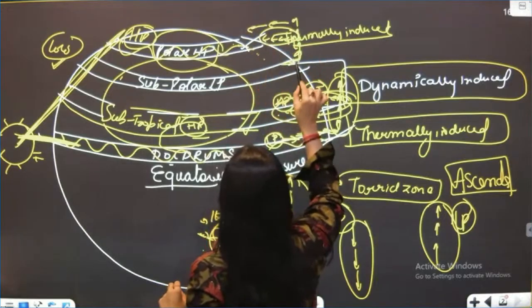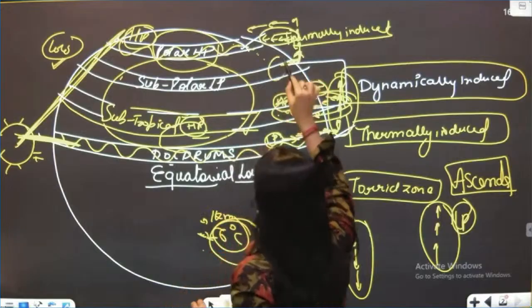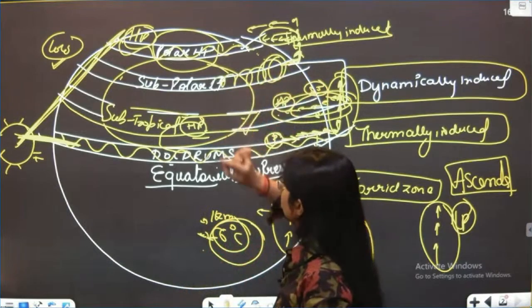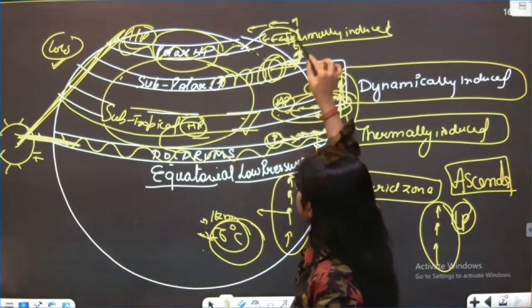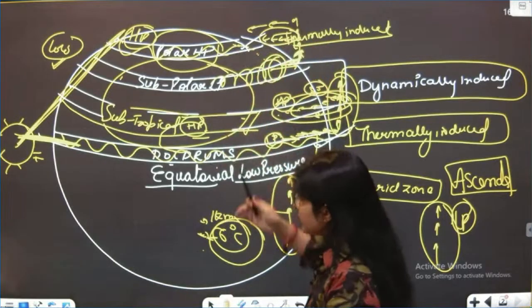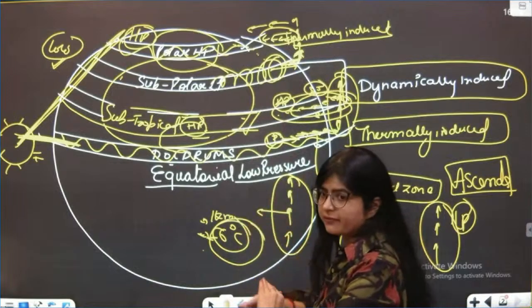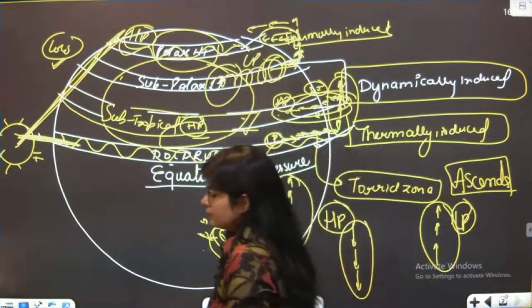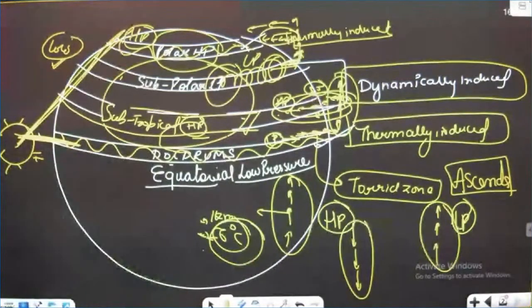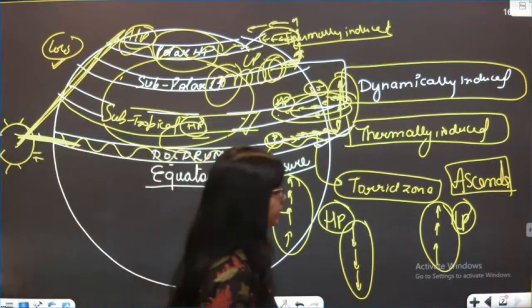And from where is the air mass coming? From here, right? So when it is coming from here, what will happen? It rises up and descends here. And wherever the air ascends, we call it a low pressure region. We call it a low pressure region, right? Clear everyone?